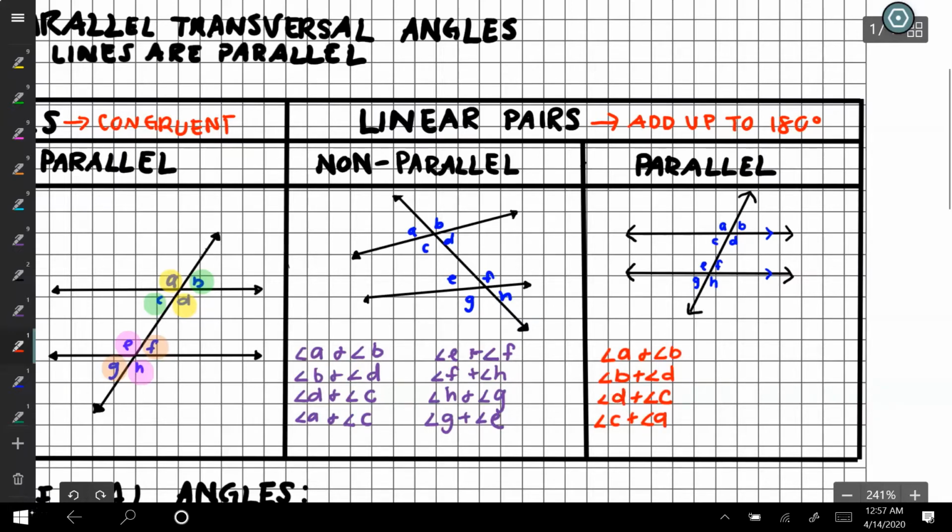Now at the bottom, angle E and angle F, angle F and angle H, angle H and angle G, and angle G and angle E. So we have the same pairs of angles that are linear pairs, even when our lines are not parallel. So linear pairs we also cannot use to prove that lines are parallel.